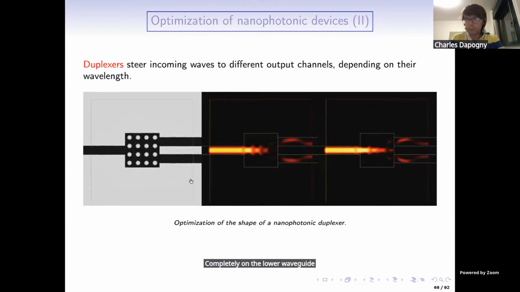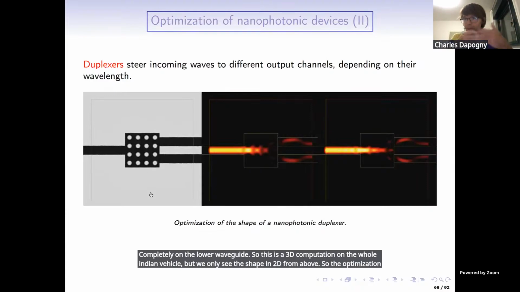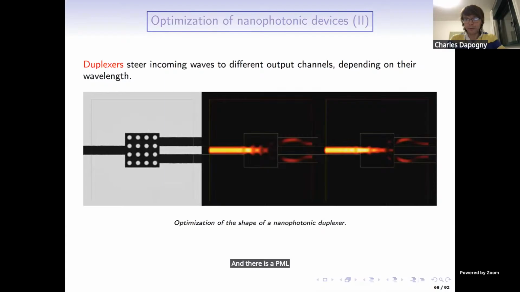So this is a 3D computation on the whole impedance, but we only see the shape in 2D from above. The optimization takes place in 2D, but the physics takes place in 3D, with the guides in silicon, the substrate in silica, and a PML outside to account for the effect of the waves going to infinity.